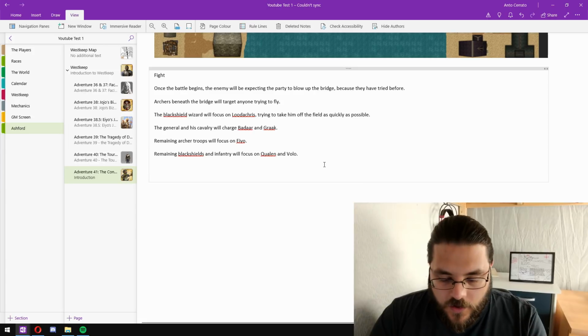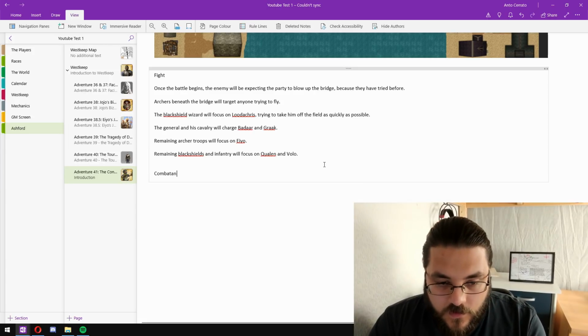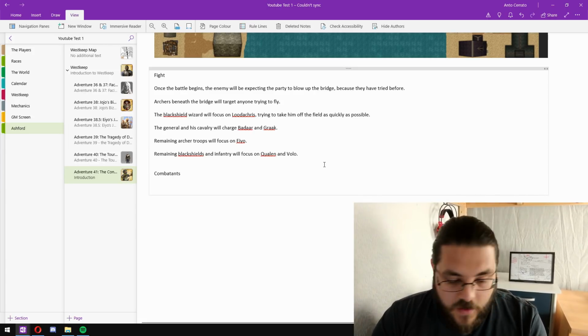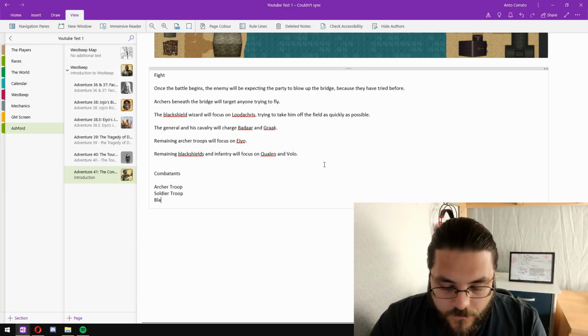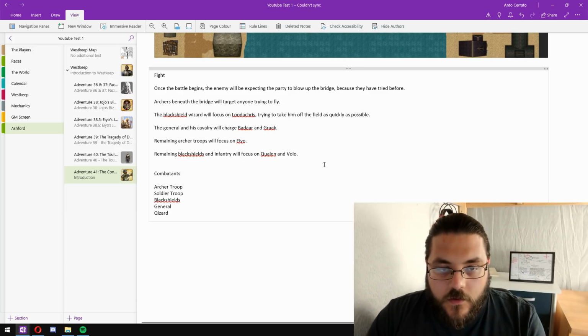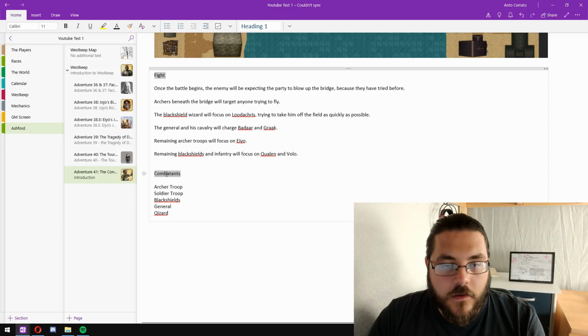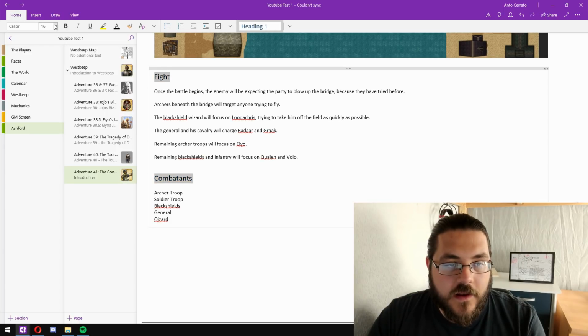And then what I want next is a list of the combatants: troop, Black Shields, General, Wizard. Let's just make those headings.